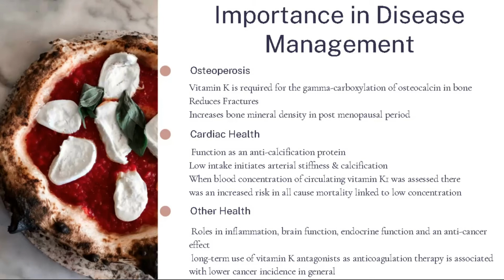That is the reason why a higher concentration of green salads, green fruits and vegetables will reduce the hardening of your arteries and the thickening of your blood as well. Along with that, you can also notice roles in inflammation, brain function and endocrine function, along with anti-cancerous properties of vitamin K, which have been noted in recent studies.